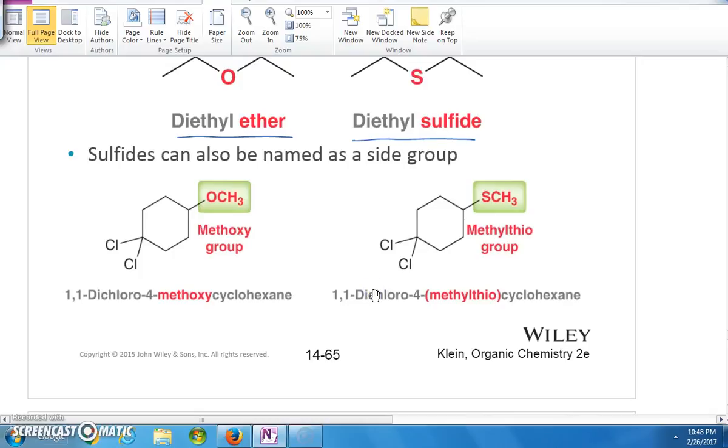Now, in contrast to when you have an alkoxy group, which in this case is a methoxy group, when you have the sulfur analog, the methylthio group, that's how you name the substituent of a sulfide. So when you have a sulfide as a substituent, you call it the methylthio group.